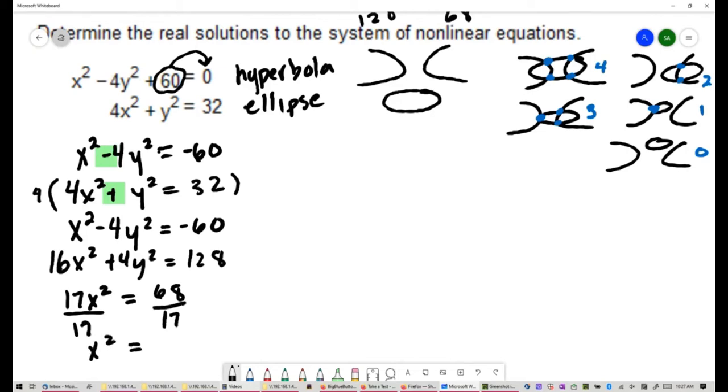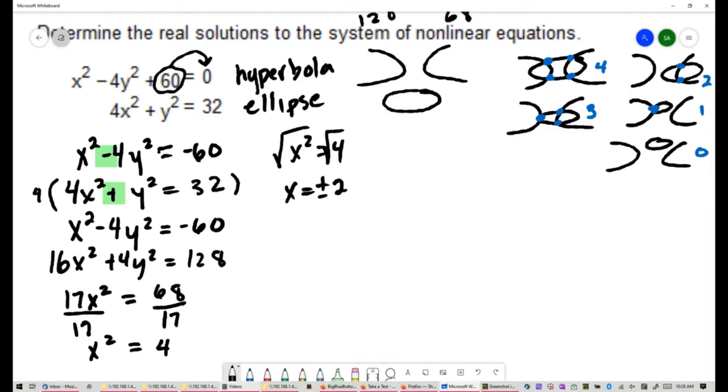Does 68 divide into 17 evenly? Let's see, 68 divided by 17 is 4. And I have x squared equals 4. We're going to square root both sides. That gives x equals plus or minus 2. So we found the x coordinate of our ordered pairs, and we'll substitute this in to get the y coordinate.